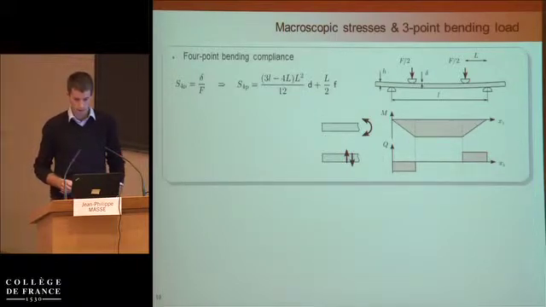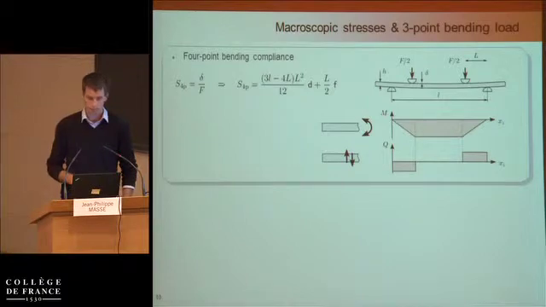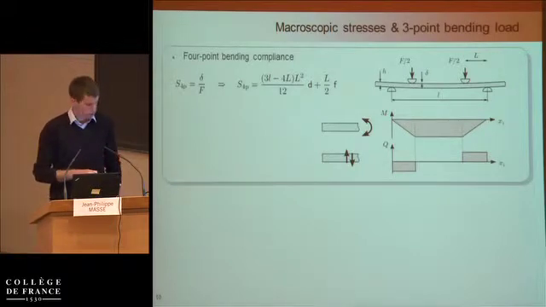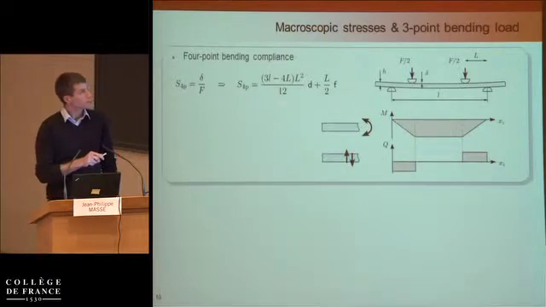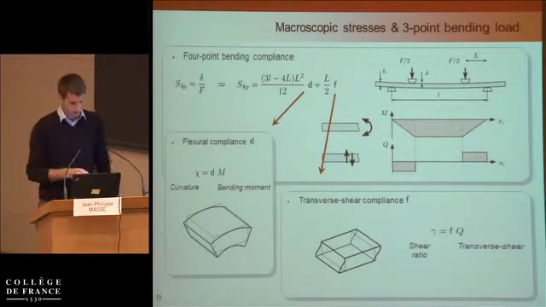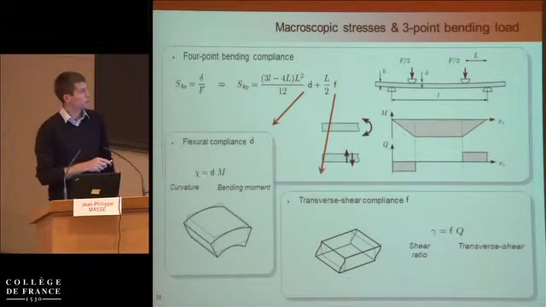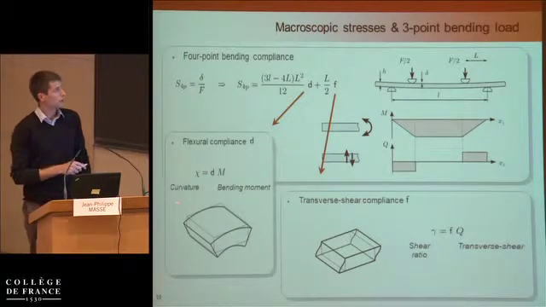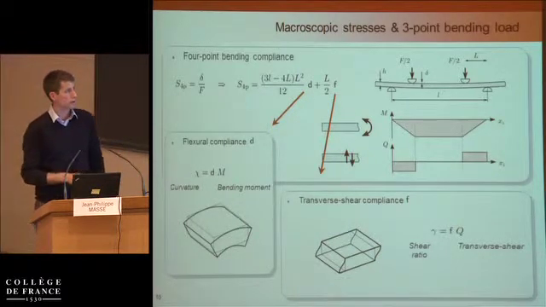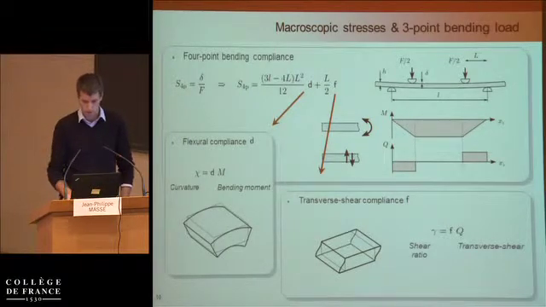Still looking at the four-point bending test, the compliance has two contributions: the contribution of bending, that one, and these terms for shear. The bending compliance links the curvature with the bending moment, and the transverse shear compliance links the shear ratio with the transverse shear.